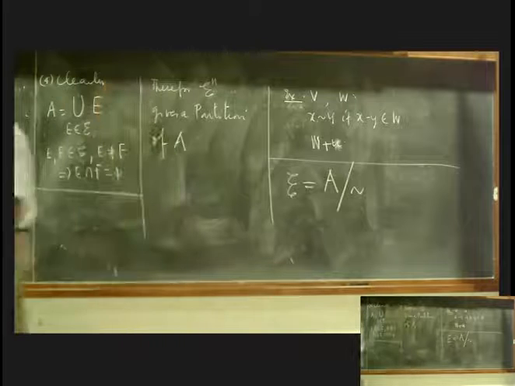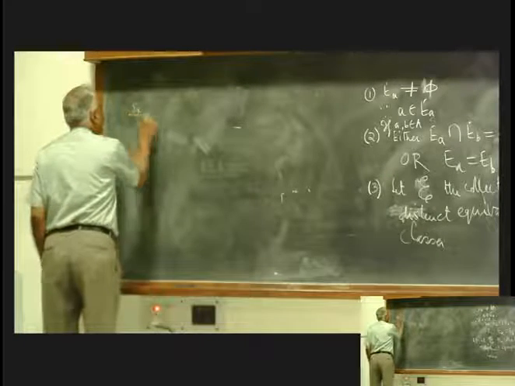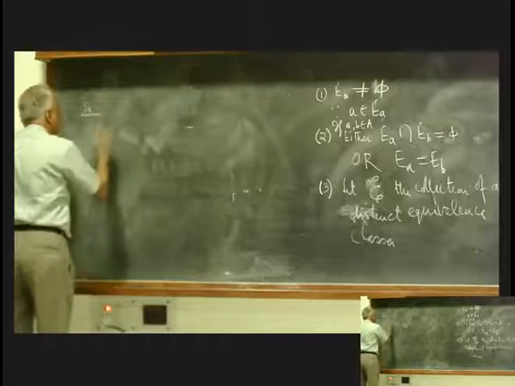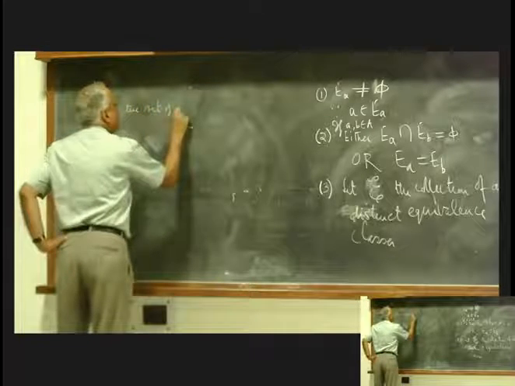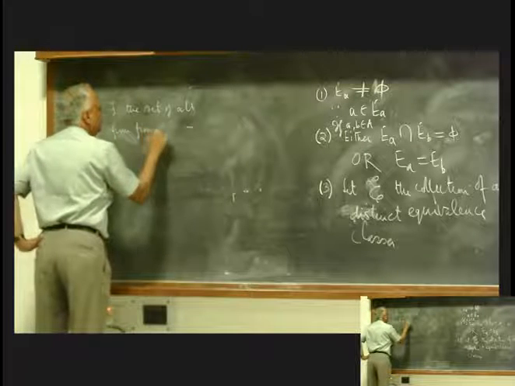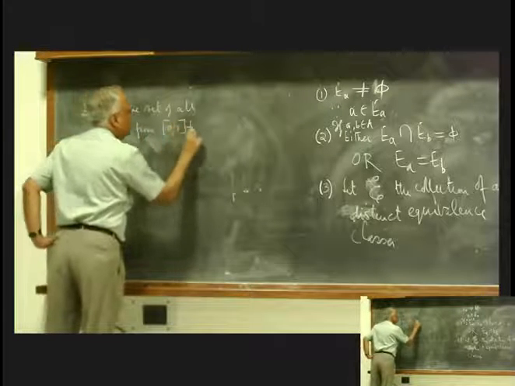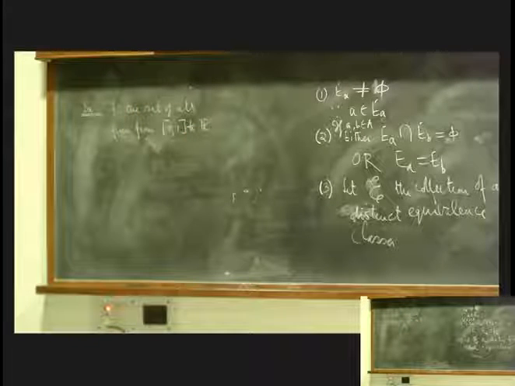Let me give another example, so that you visualize what is happening. Suppose I give you, let's say F, the set of all functions from [0, 1] to R. So the real valued functions defined on the interval [0, 1].